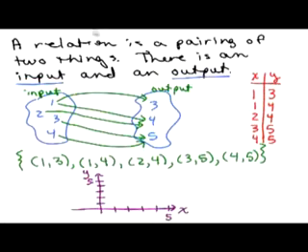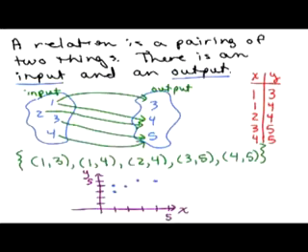So if I wanted to draw what those ordered pairs are, there's 1, 3, and I also have 1, 4 and 1, 5. I've got 2, 4, and I have 3, 5, and I have 4, 5. So there's like 4 ways that I could show this particular relation.